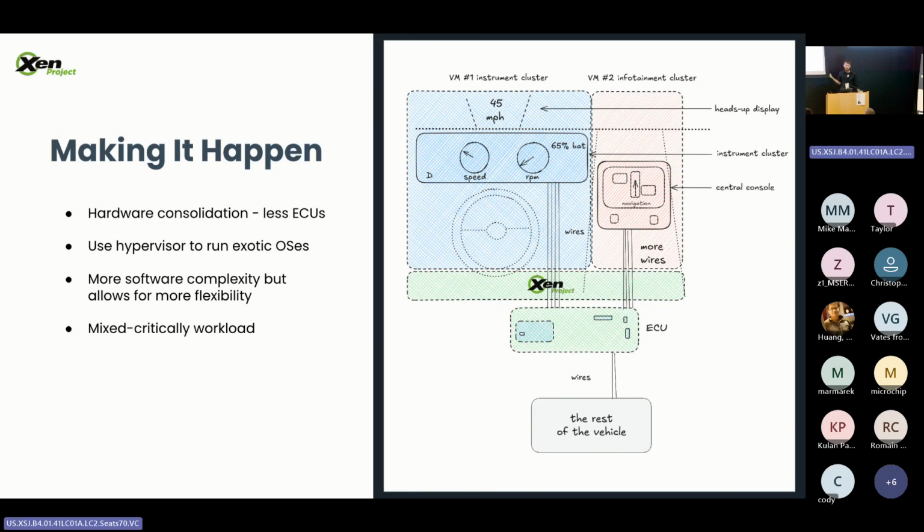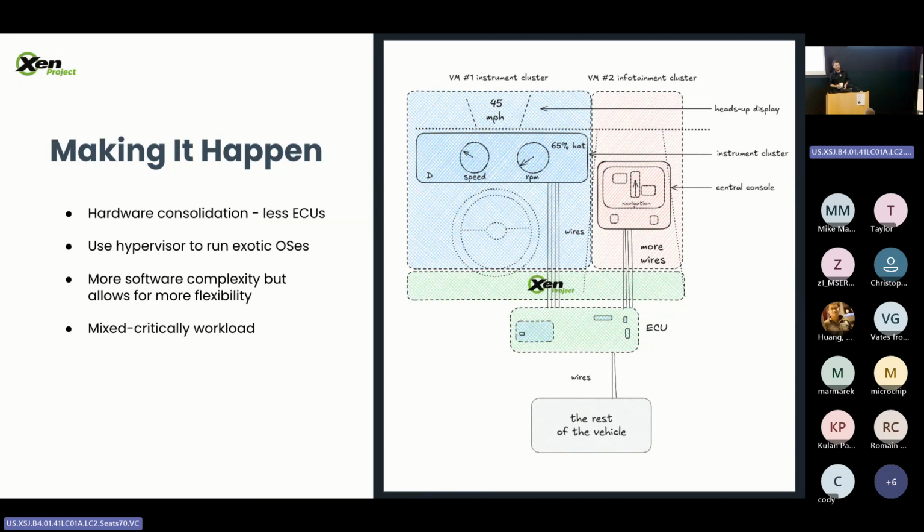which provides us hardware consolidation. We minimized the number of units, which comes with minimizing or optimizing the cost of the vehicle, which is good. It also gives us more flexibility in software because we may mitigate some of the hardware fixes, which at scale are very hard.